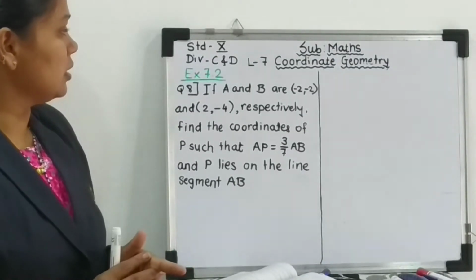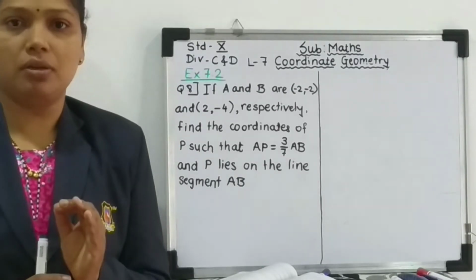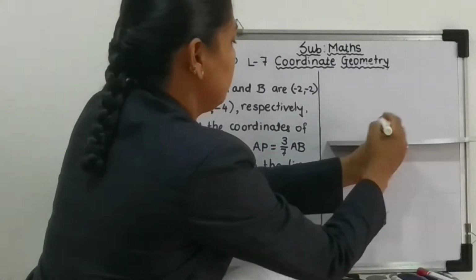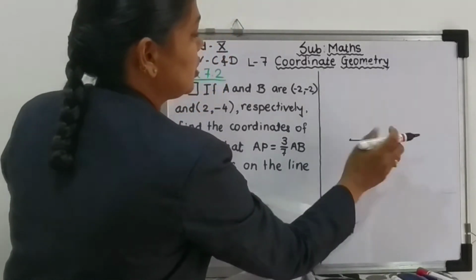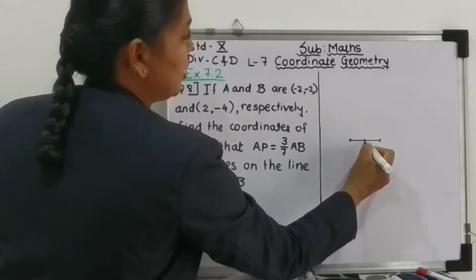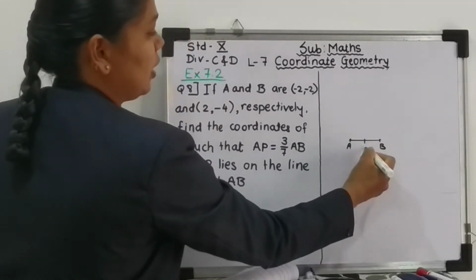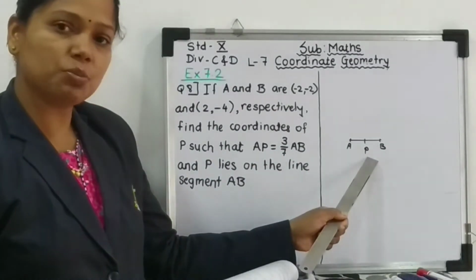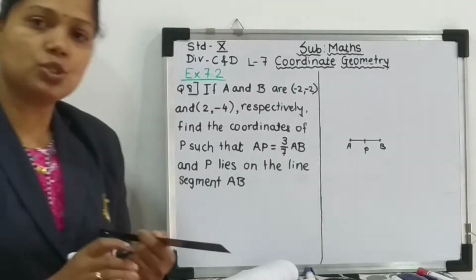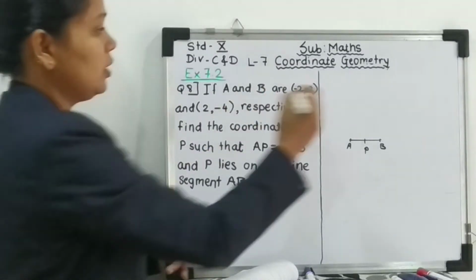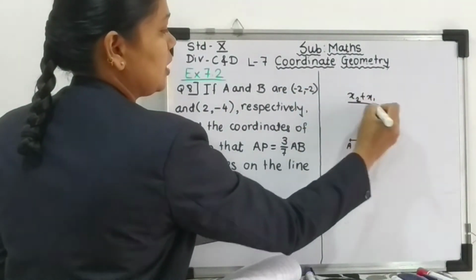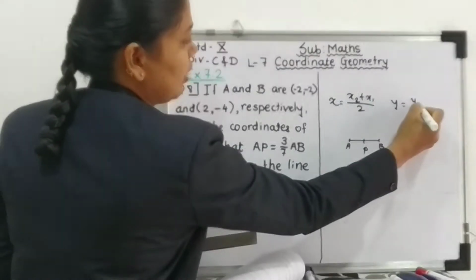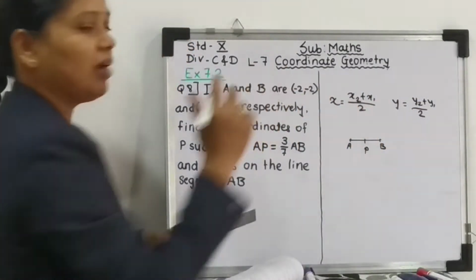We have seen that when a point is exactly in the middle, like a midpoint of a given segment, the section formula we use is this: suppose the midpoint is given, A is known, B is known, and we are going to find P. Then we directly use the formula (x2 plus x1) upon 2 for the x coordinate of P, and (y2 plus y1) upon 2 for the y coordinate. Why have we divided by 2?